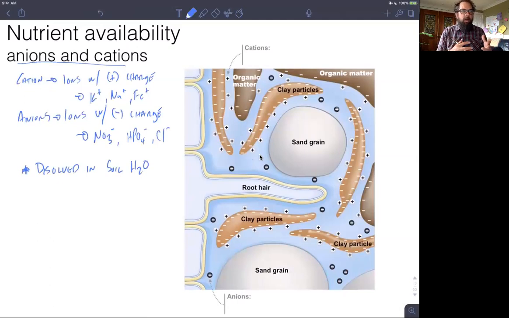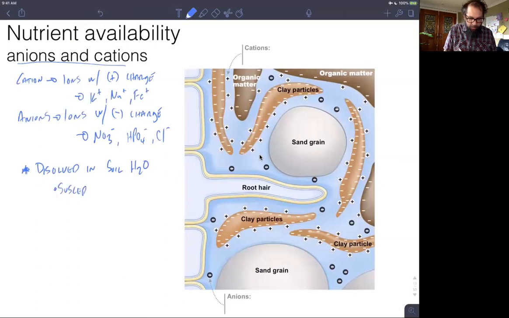They will interact with charged soil particles, and because they're dissolved in that soil water, they are susceptible to processes like leaching.